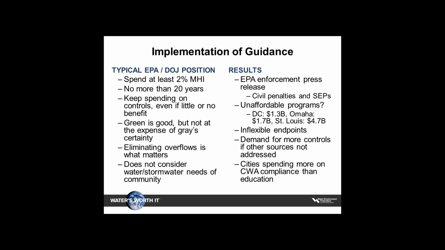And there was really this focus on not complying with water quality standards, but just eliminating overflows, at sometimes, at all costs. And the water infrastructure or stormwater infrastructure needs of the community weren't even part of the discussion.